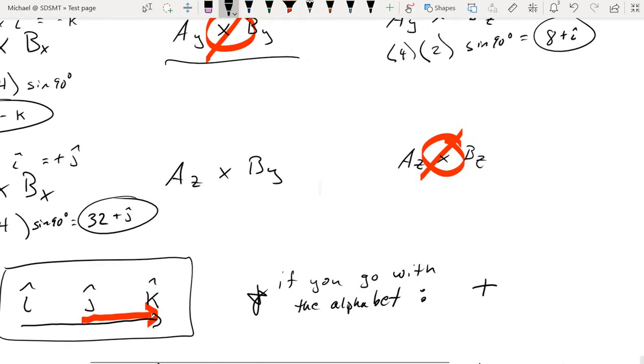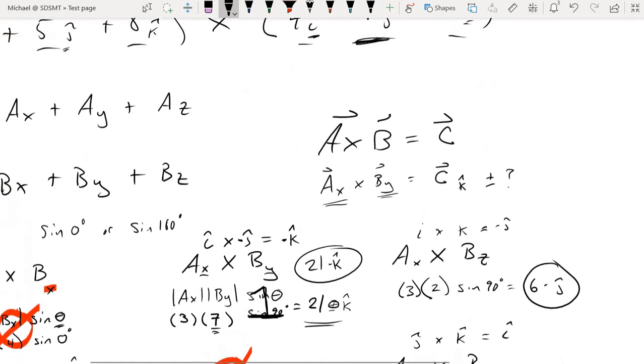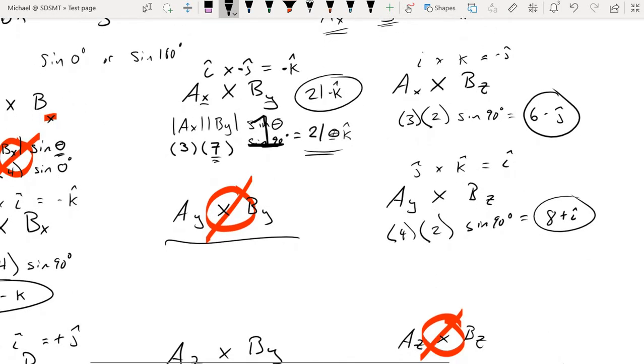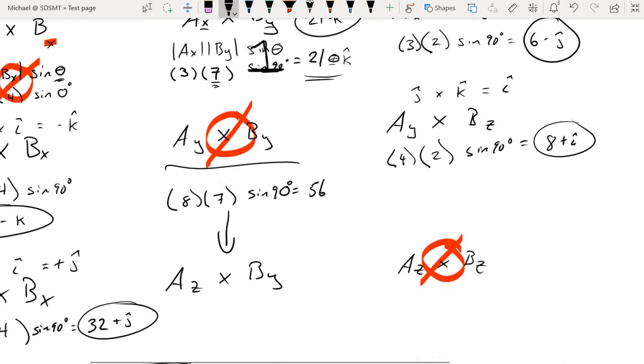And then AZ cross BY. AZ, magnitude 8. BY, magnitude 7. Sine of 90. 8 and 7, what is that, 56 magnitude? Sorry, I should have been pairing that with this one. I'll just write that down here again. 7 sine 90 is 56.